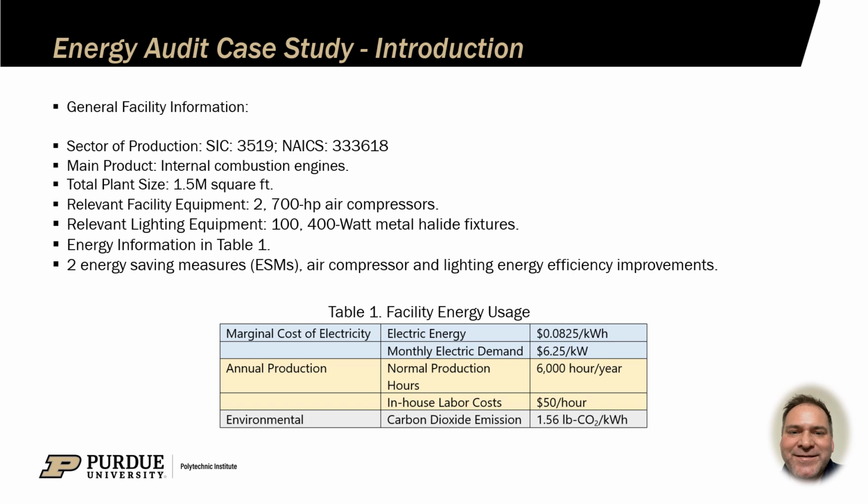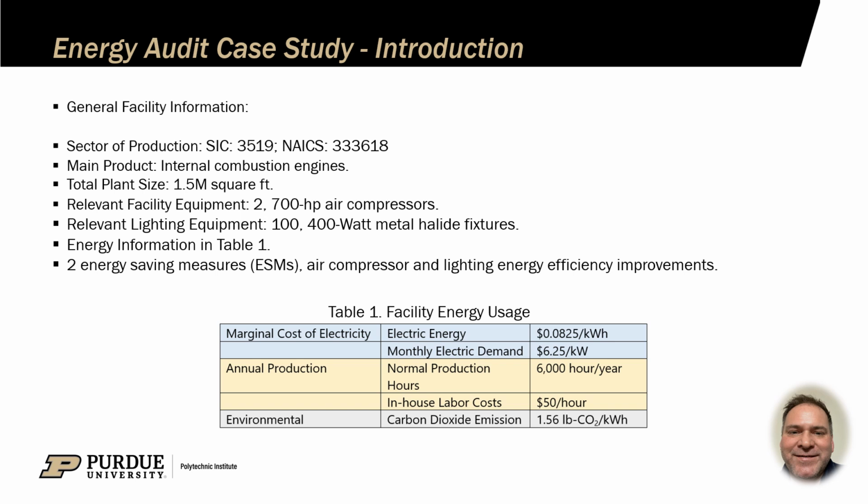Also appearing in this introductory material, depicted in Table 1, facility energy usage, we have the marginal cost of electricity, annual production, and environmental emissions of this enterprise making internal combustion engines.